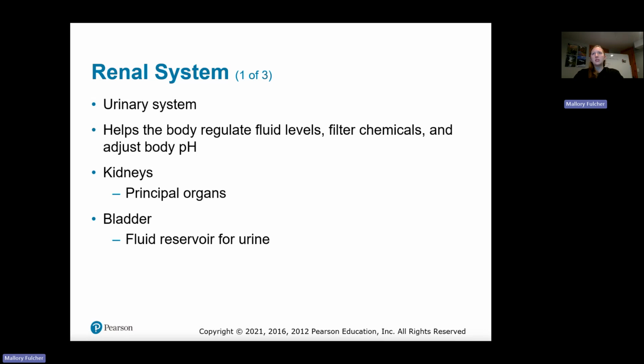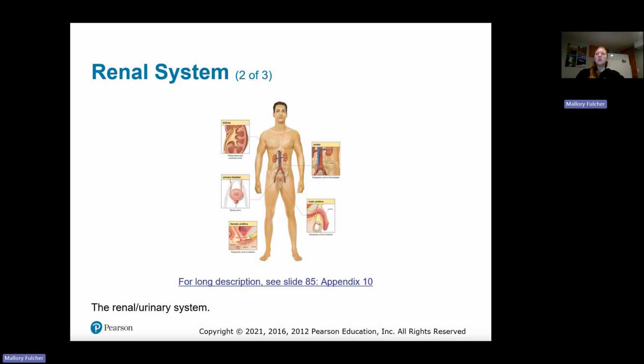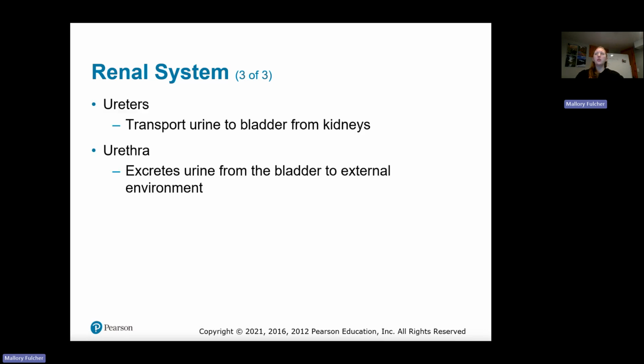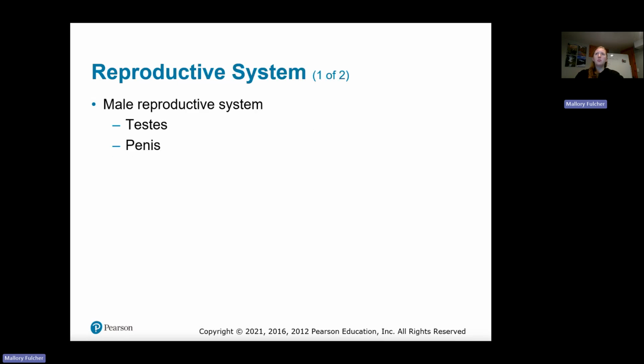Now, it can also be processed in your liver and a few other organs as well. But our kidneys tend to take the hit oftentimes. Our bladder is what holds all of the urine until we are ready for it to be excreted. So we've got kidneys, bladders, urethra, and ureters that are all a part of this renal system. Urethra is used to excrete the urine from the bladder to the external environment.